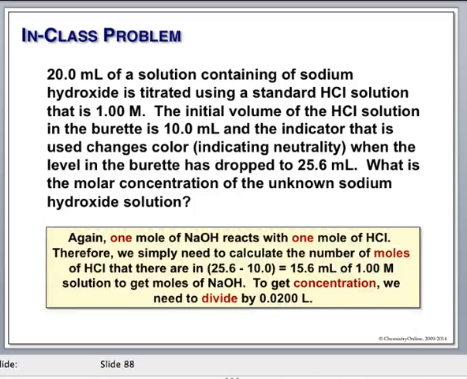We know stoichiometry is 1 to 1. We know a concentration and a volume. So initial and final gives us our volume. Concentration and a volume gives us moles. Once we know moles and we know a volume, we get our concentration. Same problem over and over and over again, isn't it?